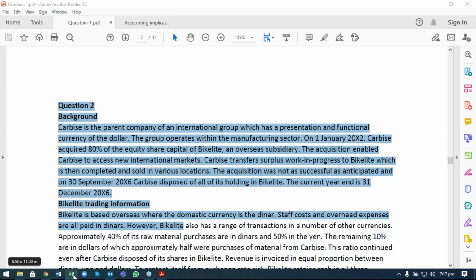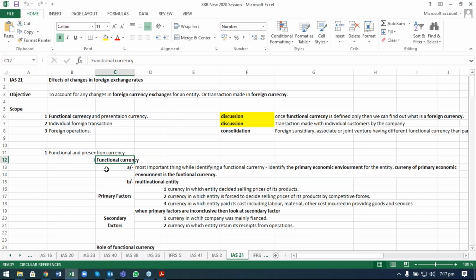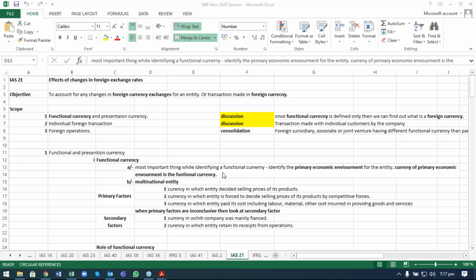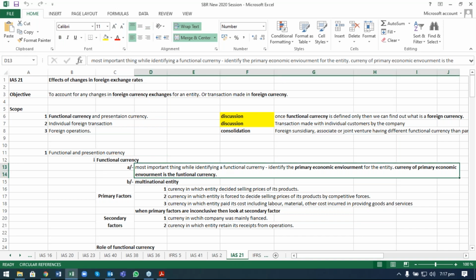First things first, we need to look into the functional currency. So what is functional currency? IAS 21 explains that the functional currency of any company can be considered the currency of the primary economic environment of the entity, right? Most importantly, while identifying a functional currency, identify the primary economic environment for the entity, and the currency of that primary economic environment is the functional currency of that company.